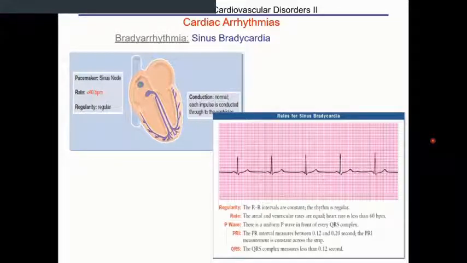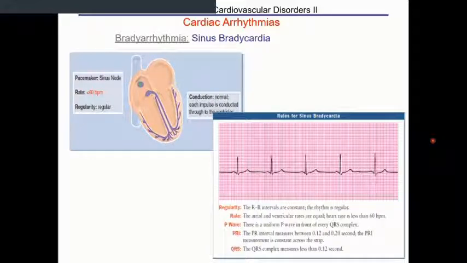If you take a look at this, it illustrates how sinus bradycardia will look like in your ECG tracing. In terms of regularity, our intervals are constant, the rhythm is regular, the rates of the atria and ventricles are equal. Heart rate is also less than 60 beats per minute.